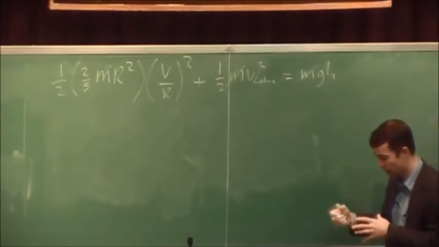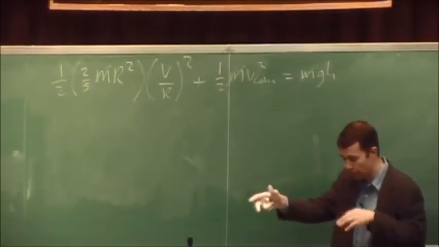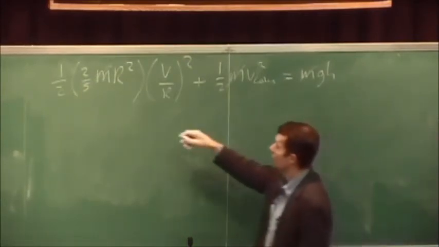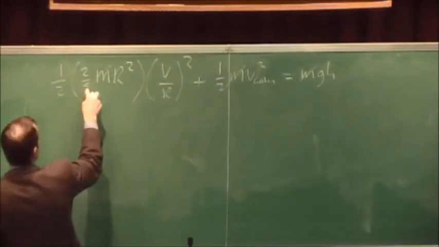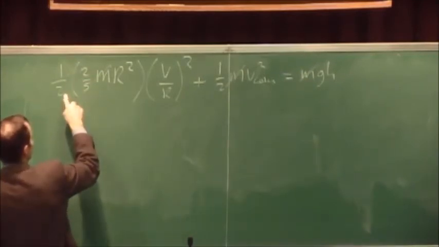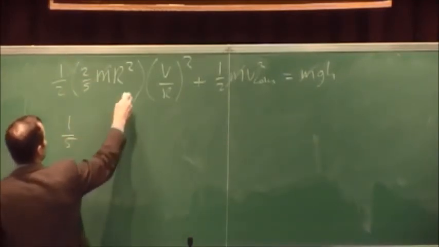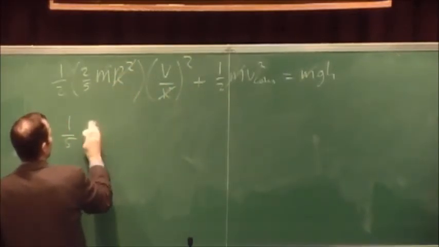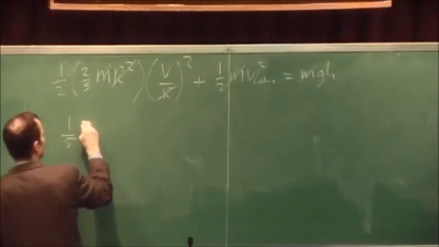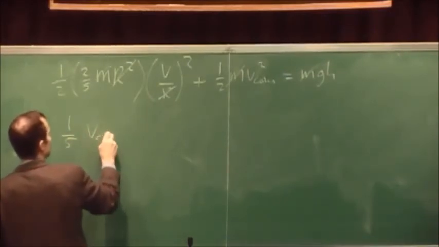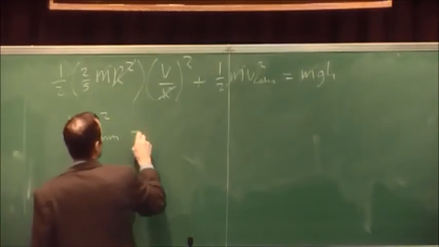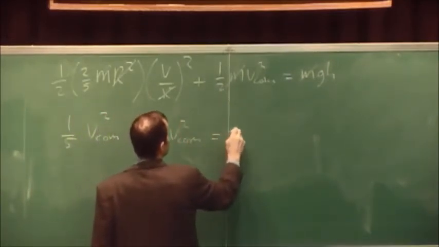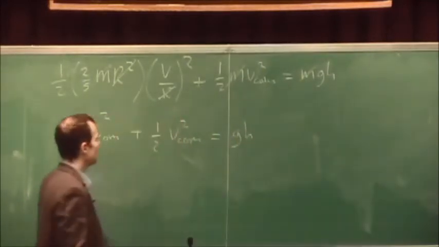Just like when we did, if you drop a feather or drop a ball in a vacuum, they give the same result. Now I get a 2 that cancels here, so I get the 1/5. This r squared cancels with that r squared, so I get 1/5 v center of mass squared plus 1/2 v center of mass squared is equal to gh.